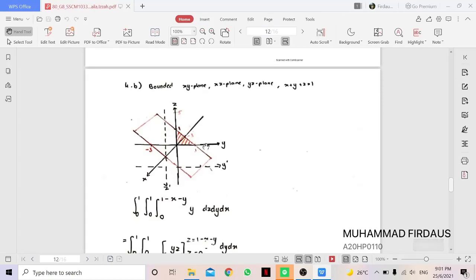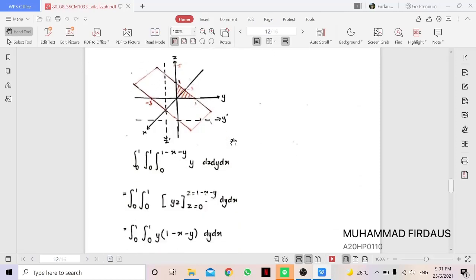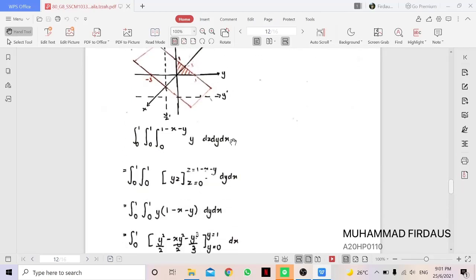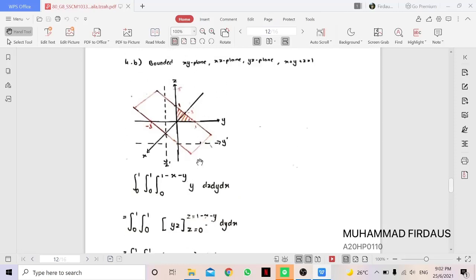For b, we have to find the value of the region bounded by the xy plane, which is the z axis, the xz plane, the y axis, the yz plane, which is the x axis, and x plus y plus z equals 1, which is this plane. So this is the question given, the equation that we must integrate.